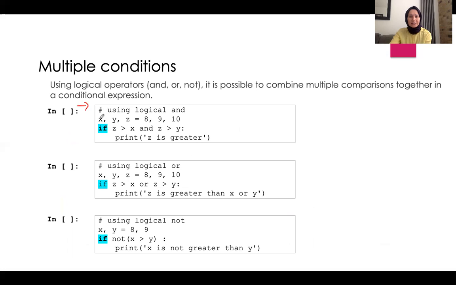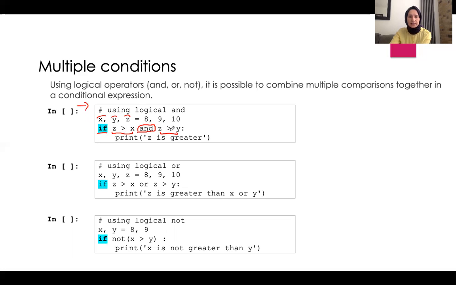We have three variables defined as x equals 8, y equals 9, z equals 10. And as you can see, we have an if statement, and then we have two conditions here. Z is greater than x, and Y... means that both of the conditions must be true so that we can execute this line of code within an indentation block here.